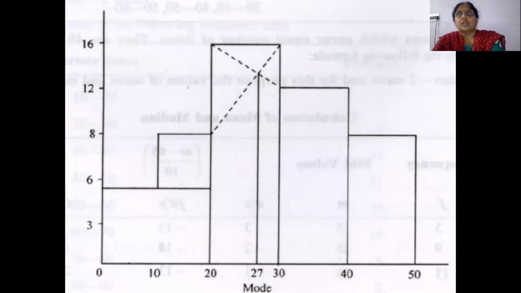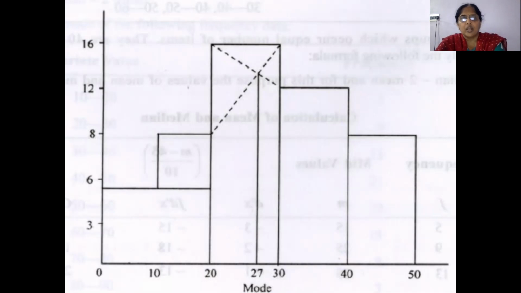So next, coming to the revision, what we have learned here. In this session, we have learned how to draw the histogram and how to show the mode graphically. So that is important. Here we showed how we can draw with equal class intervals and with unequal class intervals, and how it can be proven through the problem as well as the graph.